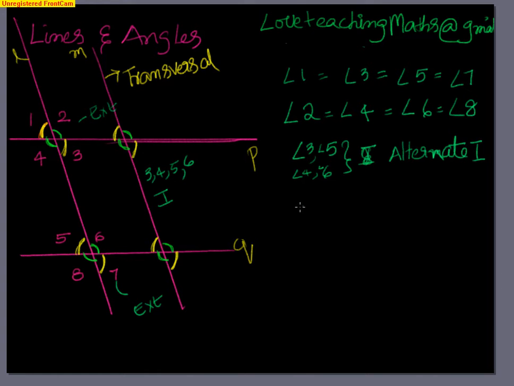They are equal. So number 1 is corresponding angles are equal. Number 2 is alternate interior angles are equal. Okay, let us see if anything else we can conclude from this.